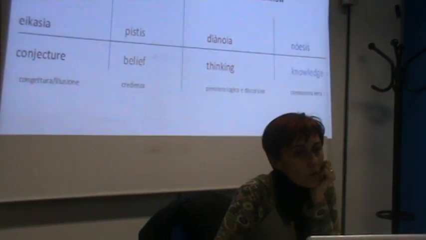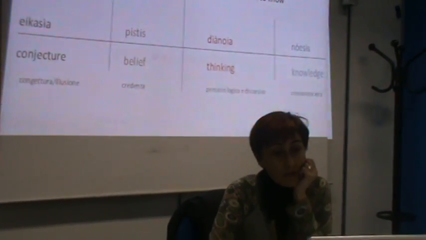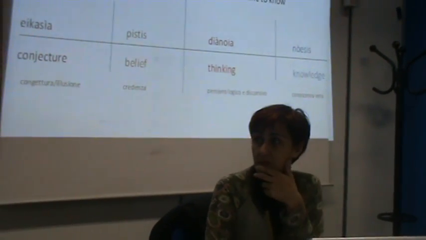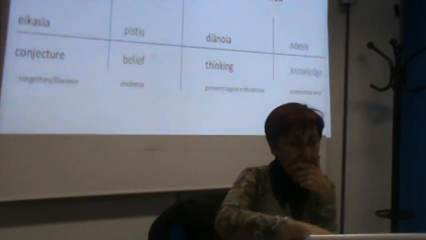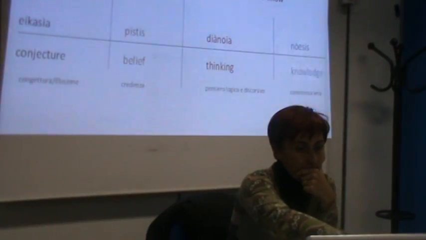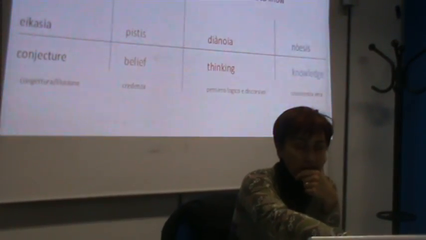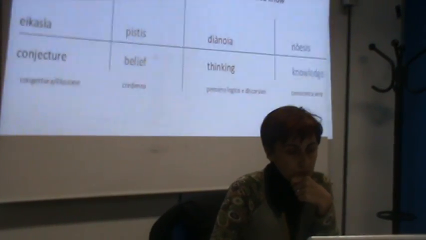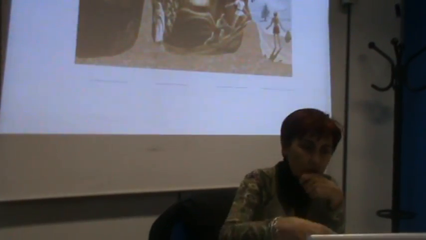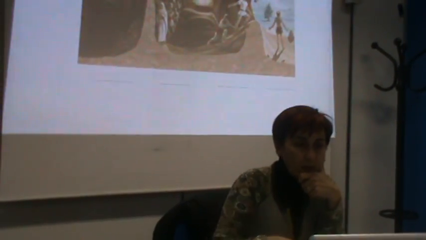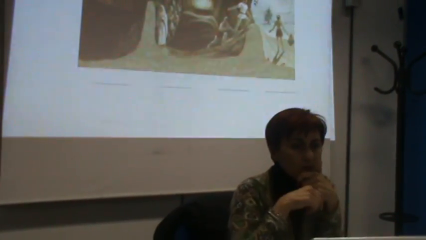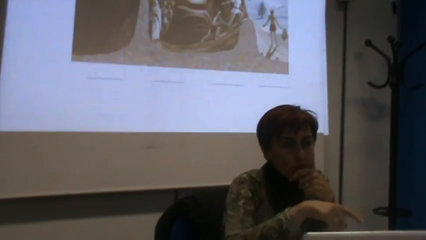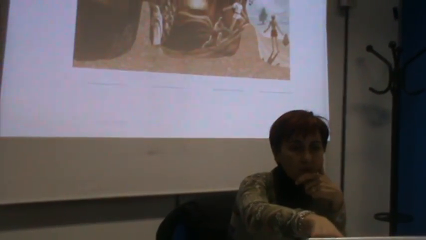Here we have new words. The Platonic line to know is very, very important, and I added the Greek and Italian words too. And recall this picture, because the students have to put in the correct place the 4 words below.